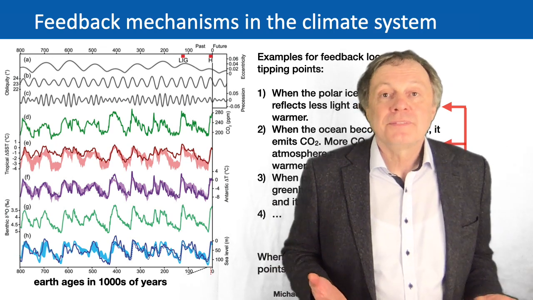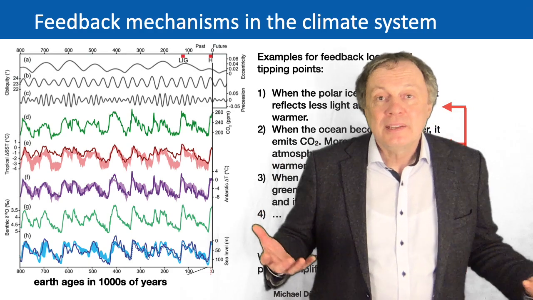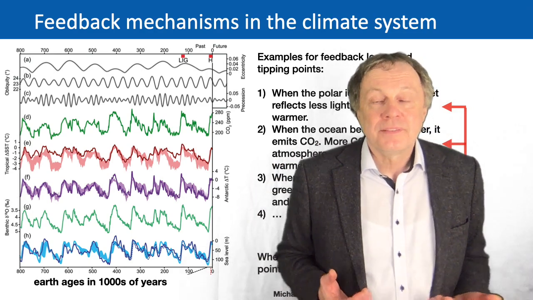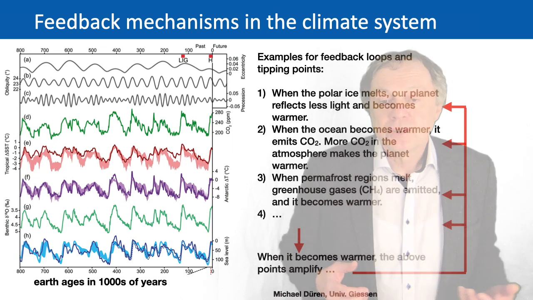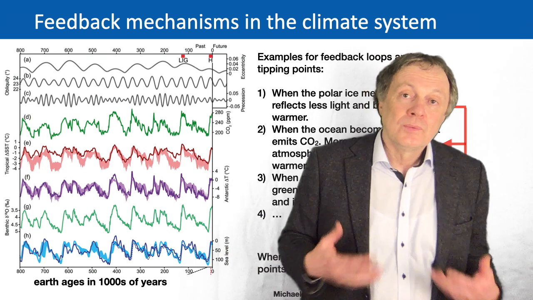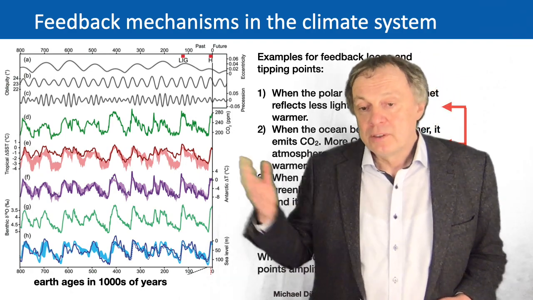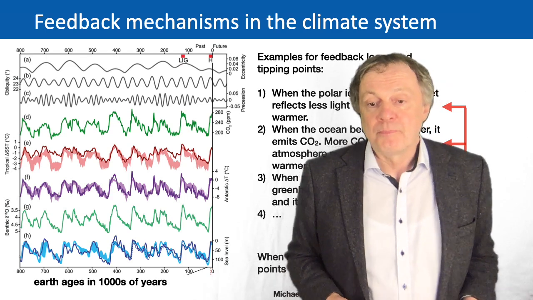And of course, if the CO2 goes into the atmosphere, there's more greenhouse gas, there's a bigger greenhouse effect, and there's more warming. So the more CO2 there is coming out of the ocean, the more warming you have, and the more warming there is, the warmer the ocean will be, and the more CO2 will be emitted. Also, that is a positive feedback system.